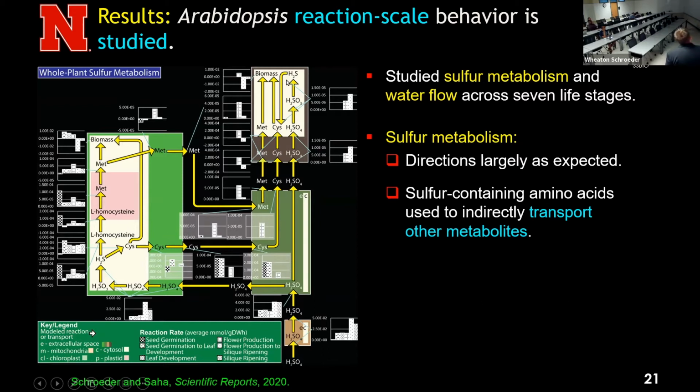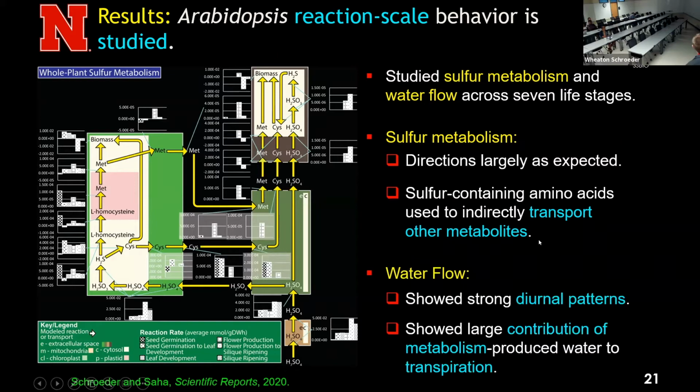And then those will get transported to the seed in order to construct the seed tissue. And so the direction was largely as expected. However, we noticed that in the leaf, particularly, we had a pool of metabolites be produced for sulfur-containing amino acids, which indirectly facilitated the transport of other metabolites.